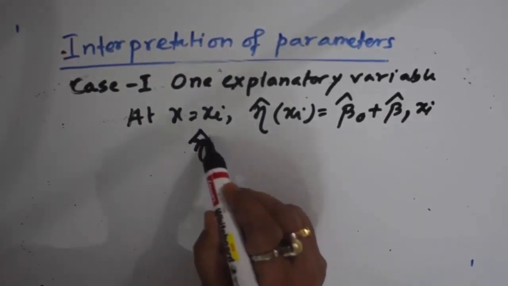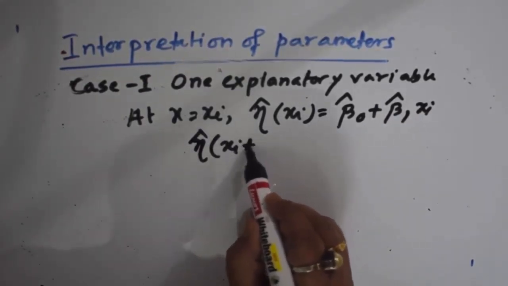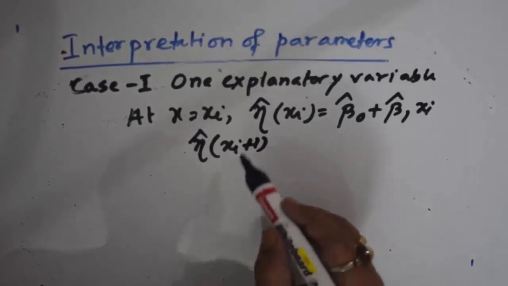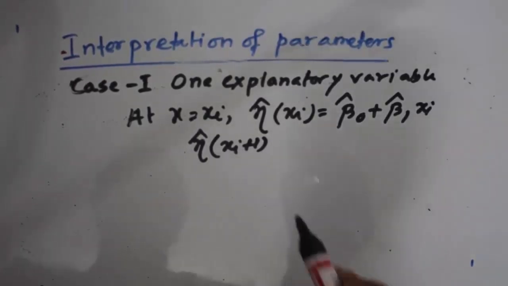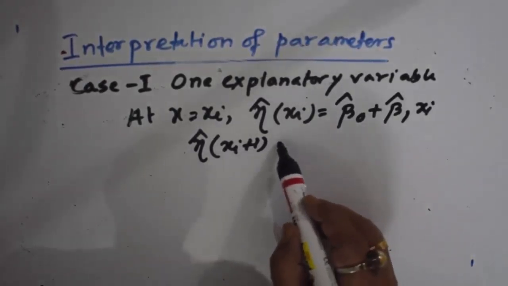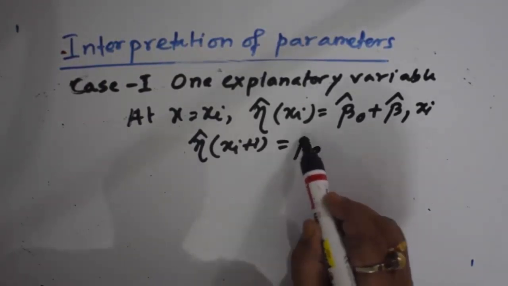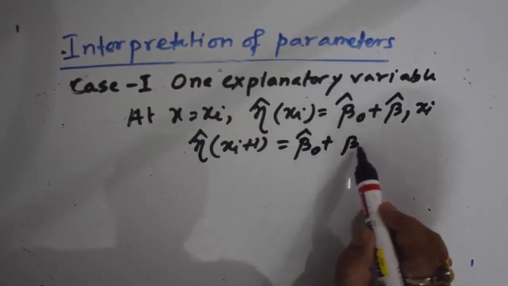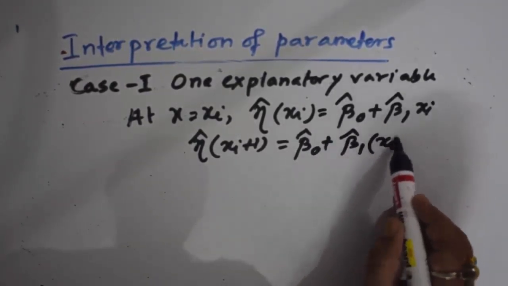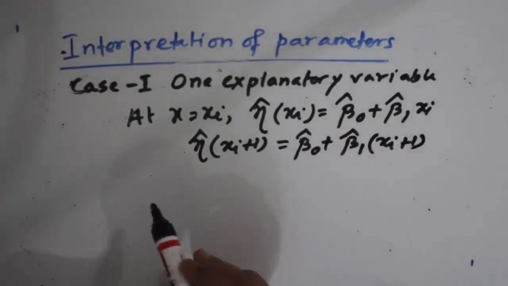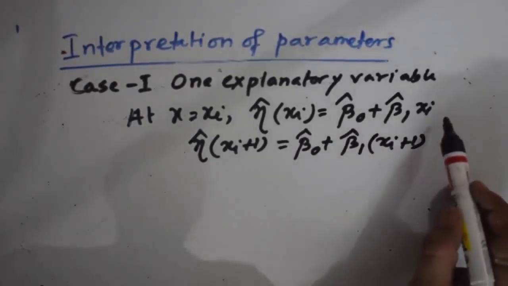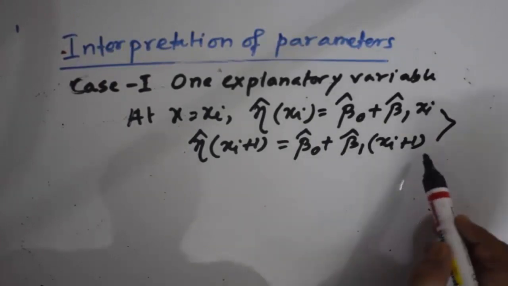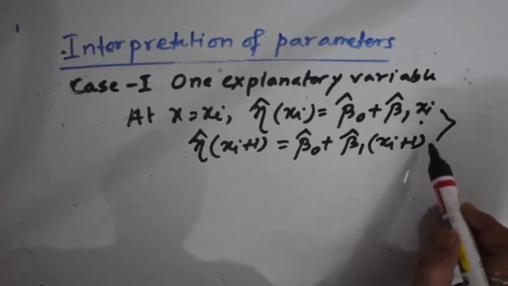Eta hat xi plus 1, if you increase 1 unit, equals beta naught hat plus beta 1 hat into xi plus 1. Then subtract this from this.